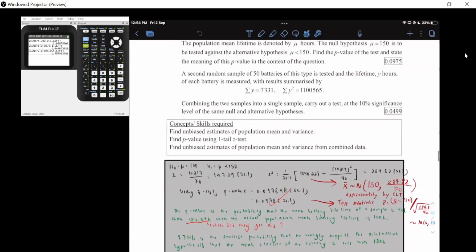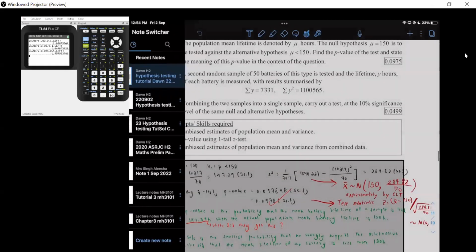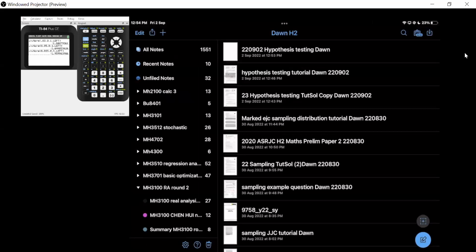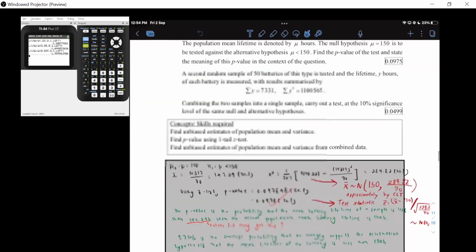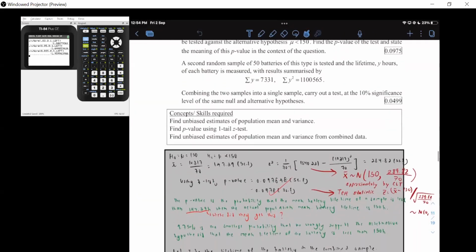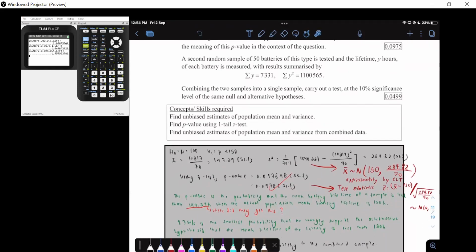Sorry, wait a minute. Highlighter working again. Okay, good.